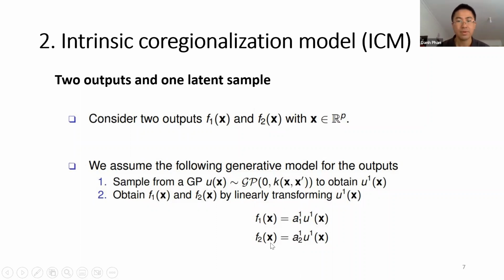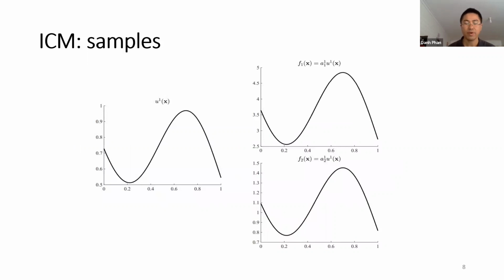To give you an example, if we have U(X) and we sample U1(X) from this Gaussian process, we have some data like this, and we can transform U1(X) to F1(X) by a linear transformation.